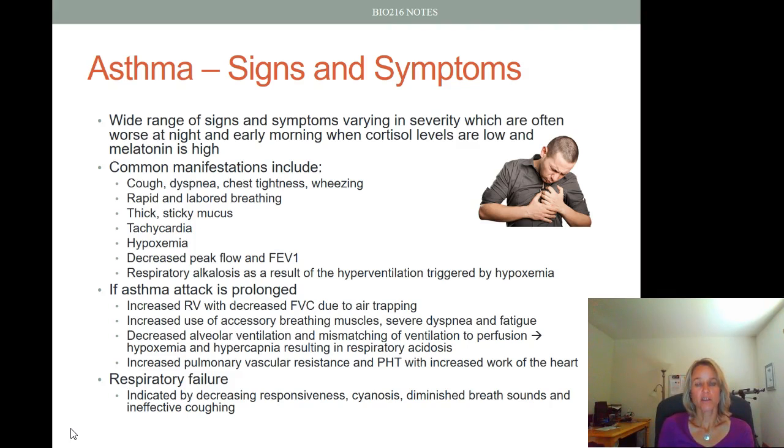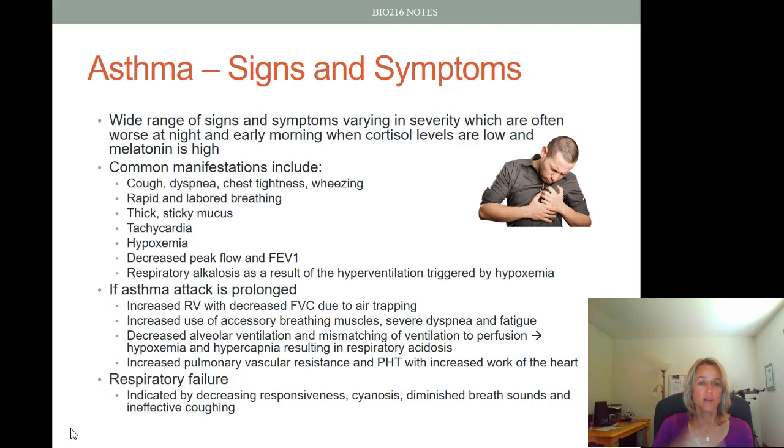At first, the hypoxemia is going to trigger hyperventilation, and the patients will present with respiratory alkalosis. However, if the asthma attack is prolonged, then we start developing an increased residual volume and a decreased forced vital capacity, and that's due to the air trapping.